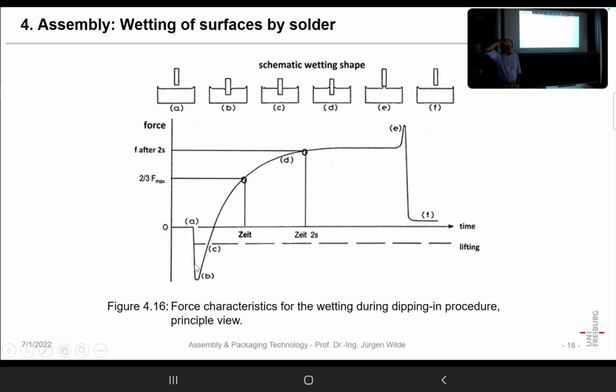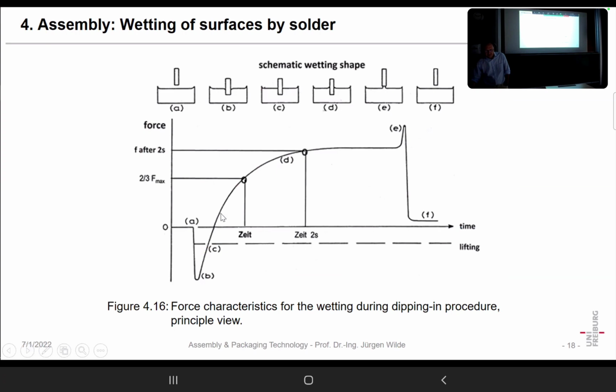So dipping in, you have the pushback by the surface tension. You know, little bugs that can run on water by surface tension. So it's similar here. You dip, but it doesn't wet and go in. And then suddenly the wetting starts, and then the force goes to zero.